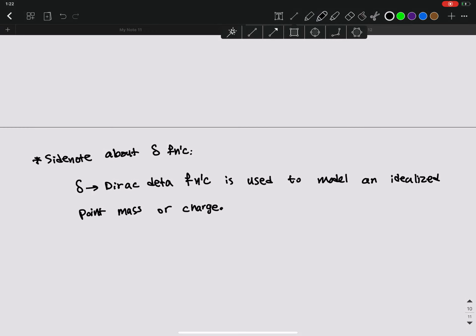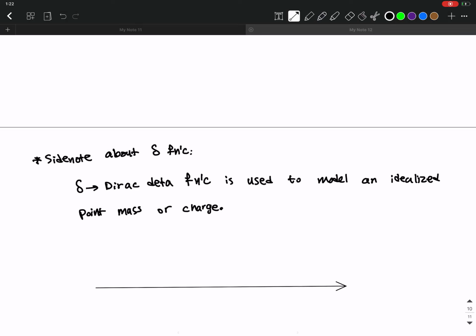So let's look at it. If you have x here, any variable, the delta function looks like this. This is the delta function.